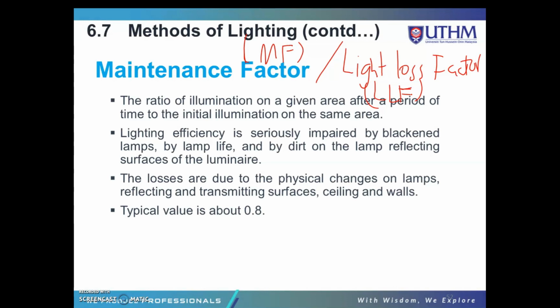Lighting efficiency is seriously impaired by blackened lamps, and by dirt on the lamp reflecting surfaces on the luminaire. The losses are due to the physical changes on lamps, reflecting and transmitting surfaces, ceiling and walls. So maintenance factor is more on the losses. A typical value for this maintenance factor that we can use is 0.8.